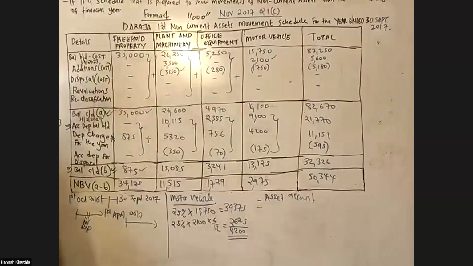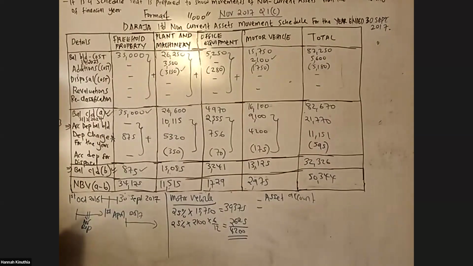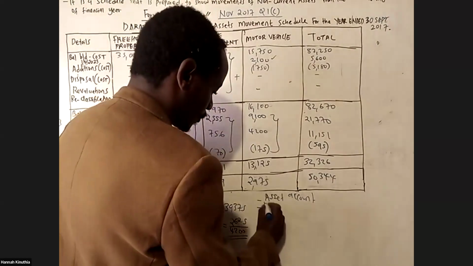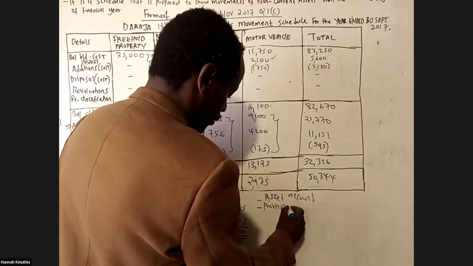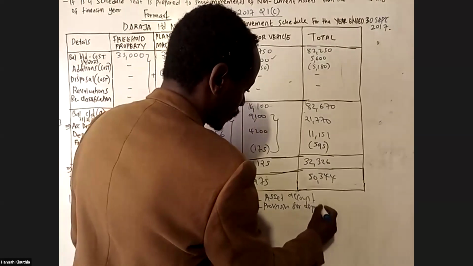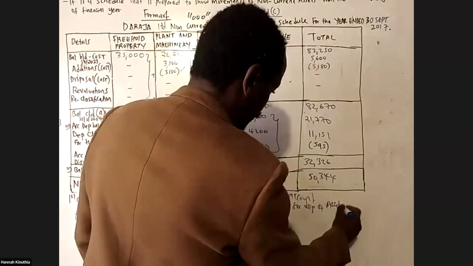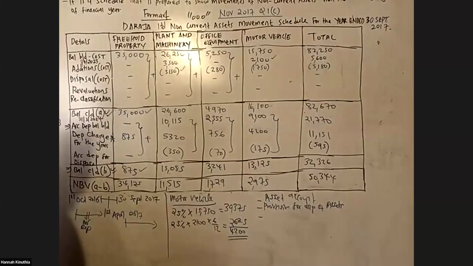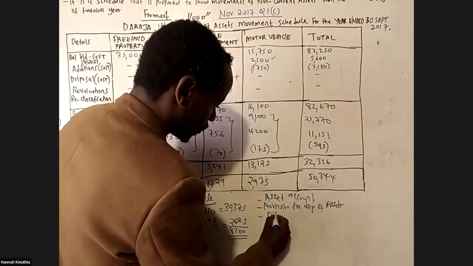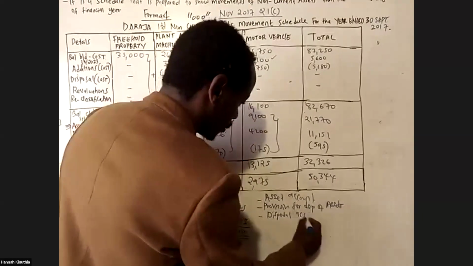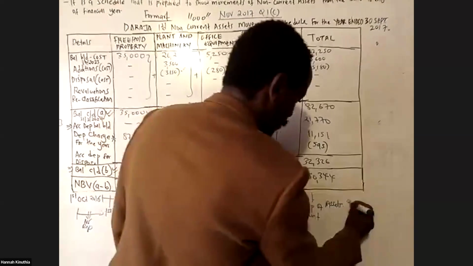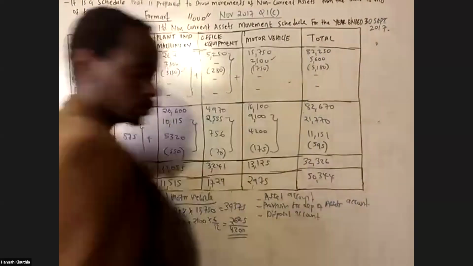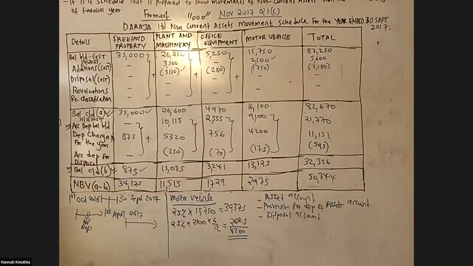Number two, provision for depreciation of assets. Then we shall also do the disposal account. If we do those three we will be fine. So we shall do the asset account, provision for depreciation account, and disposal account.